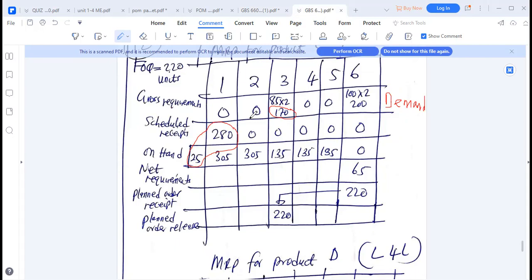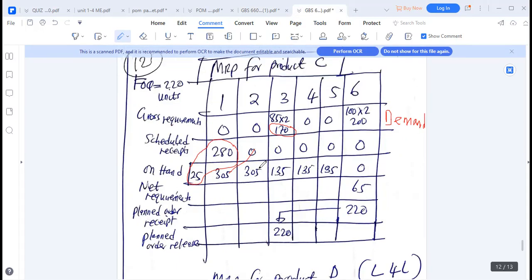There's no demand even in this week. This plus this minus that, there's no demand. So we're getting on hand is still 305. Now 305 plus 0 is still 305, minus 170, you're getting 135.